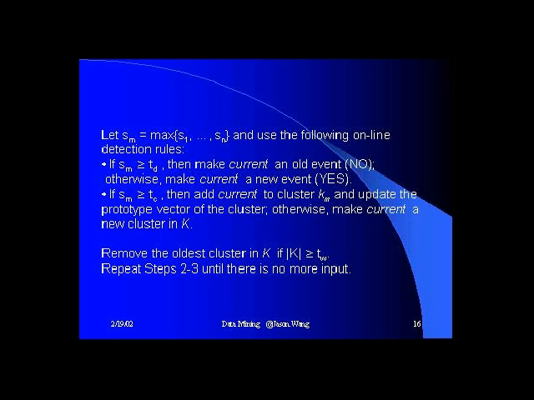So we take the maximum value. That could happen only if you have two clusters that have the same similarity values with this new story, right? So they both have, for example, similarity 10, and they are both closest to the new story. For that case, how are you going to deal with that?